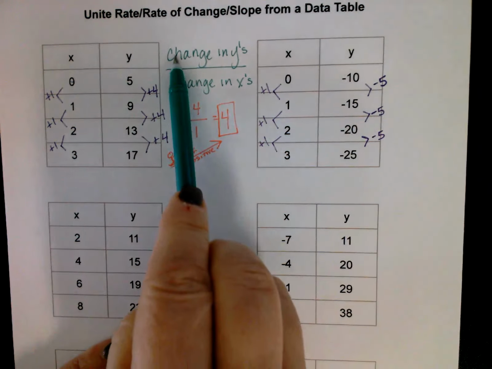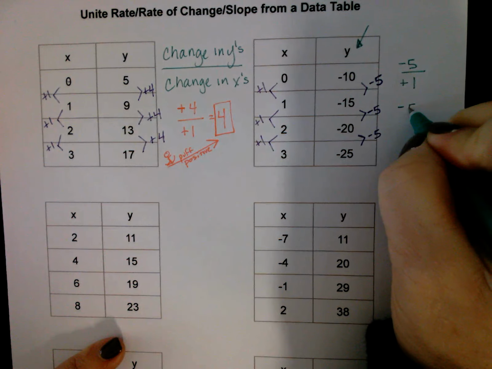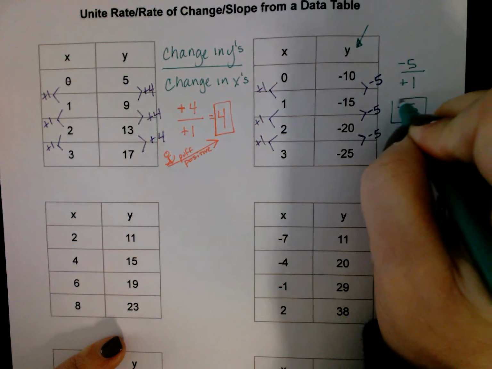So it is the change in the y's, the outputs, -5, over the change in our inputs, the x's, +1. If I simplify that, my unit rate is -5.